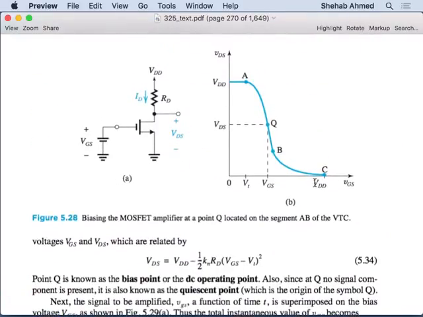If you add a small signal around this capital VGS, it will be amplified based on this slope. So the slope of this transfer characteristic in this zone around the operating point is what defines your gain. It's the slope of the voltage transfer characteristic at capital VDS. Right? So it's the slope at the operating point.